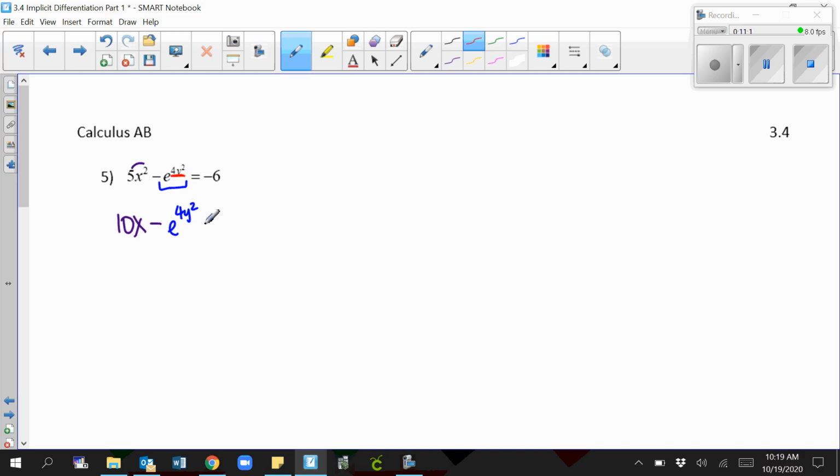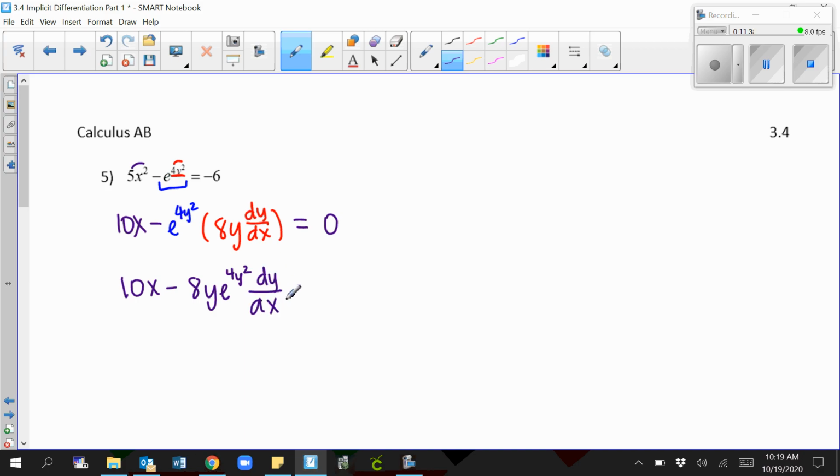And then the derivative of 4y squared, well, the squared comes down, so it's going to be 8y. And then I've got to put that dy/dx because I took a derivative with a y. And it's equal to, well, the derivative of negative 6 is just 0. So I'm looking at 10x minus 8y e to the 4y squared dy over dx is equal to 0.